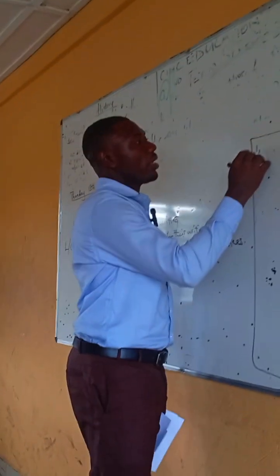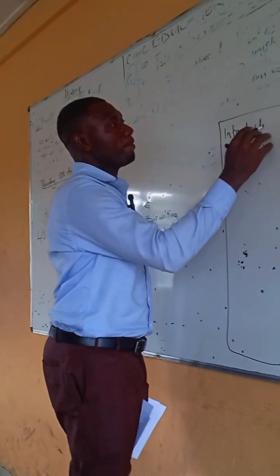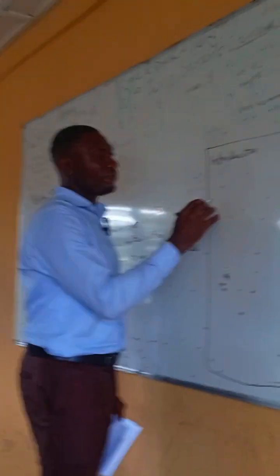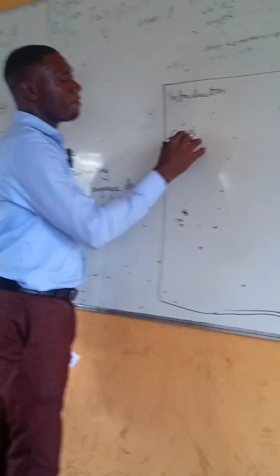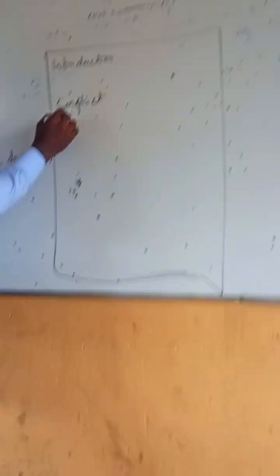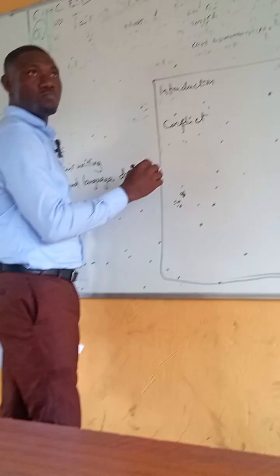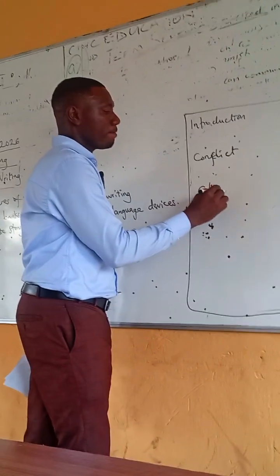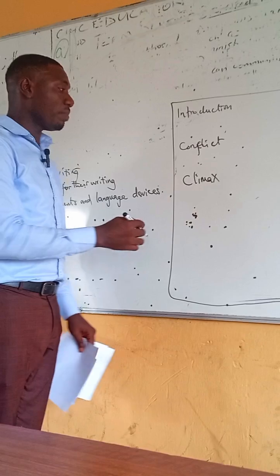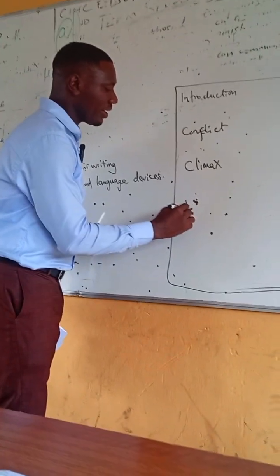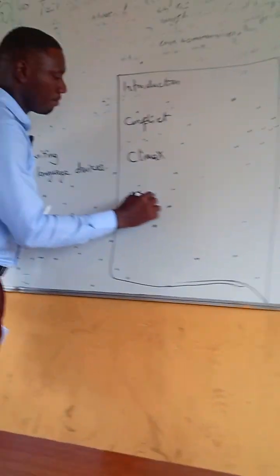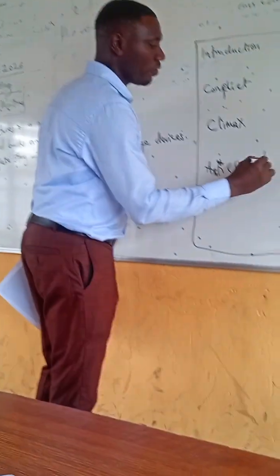So we have introduction, we have conflict, we have climax. You know what all of these are all about. We have anticlimax, otherwise known as falling action.